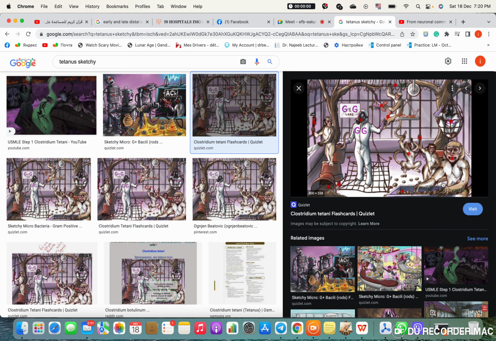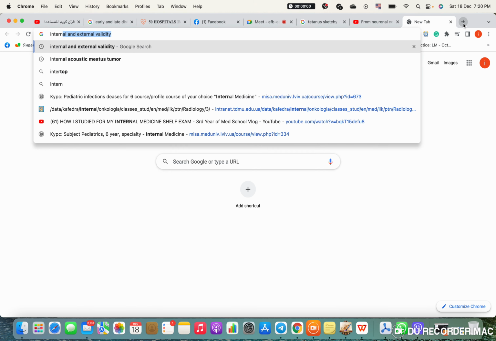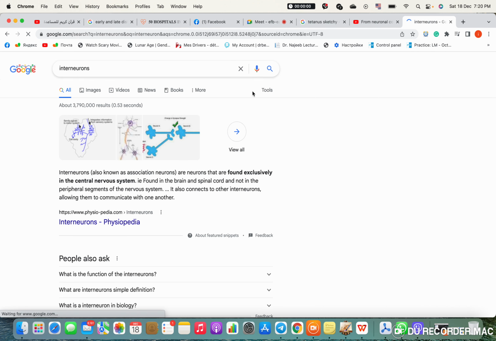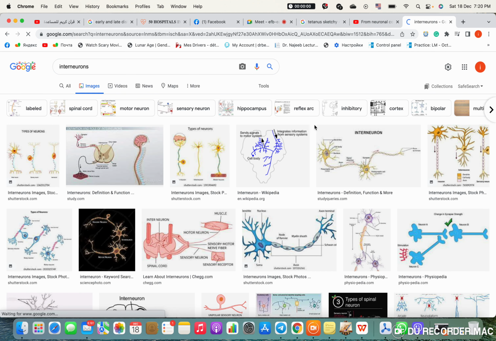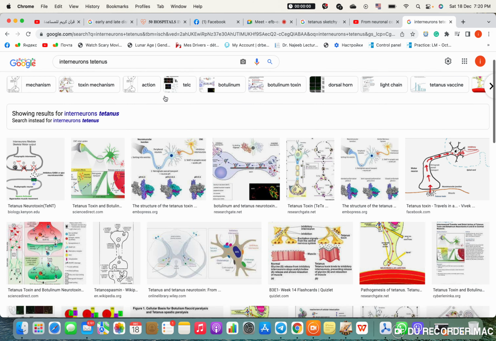So let me tell you a little bit about something maybe you never heard before. Something called interneurons, okay? There is a concept called interneurons, and it's related highly to tetanus.